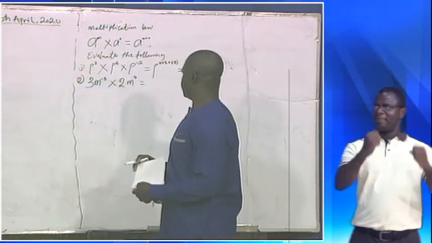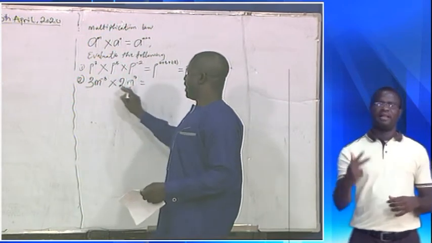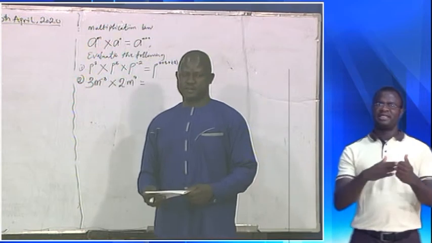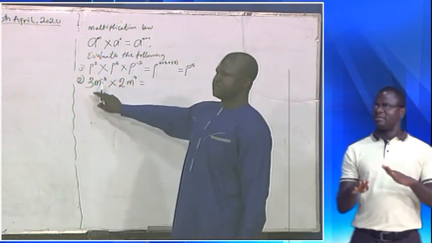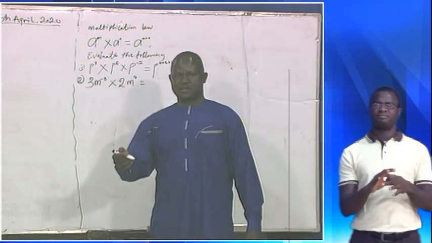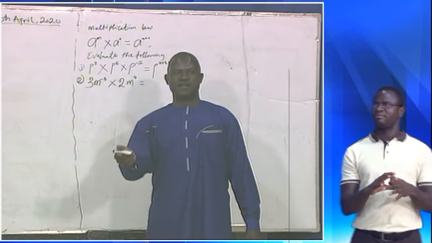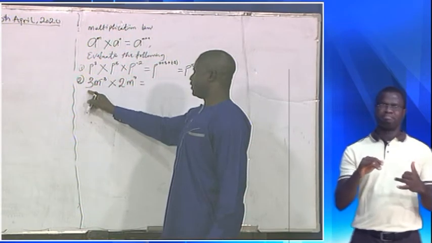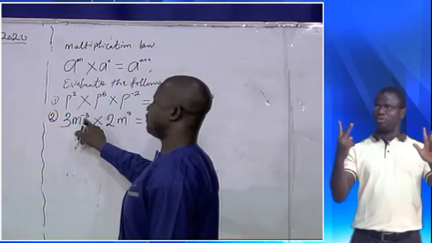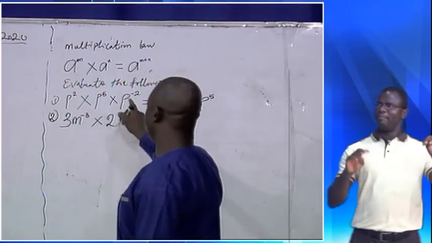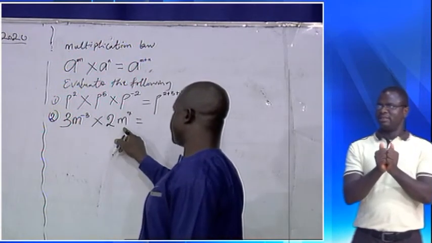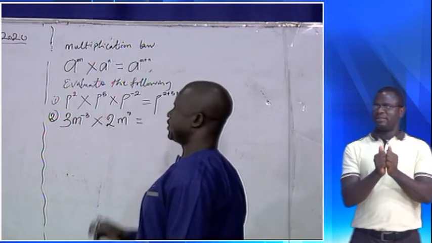In this case, the bases are attached to different coefficients. What we mean by coefficients are the numbers attached to variables. Now here we have 3 as the coefficient attached to m raised to the power of minus 3. And here we have 2 as the coefficient attached to m raised to the power 7.